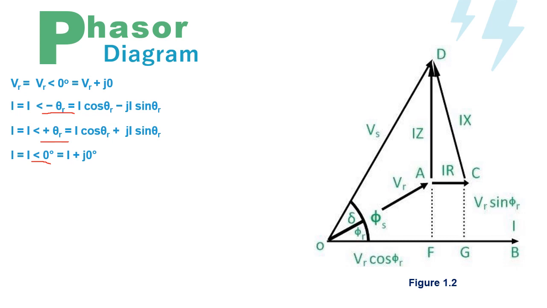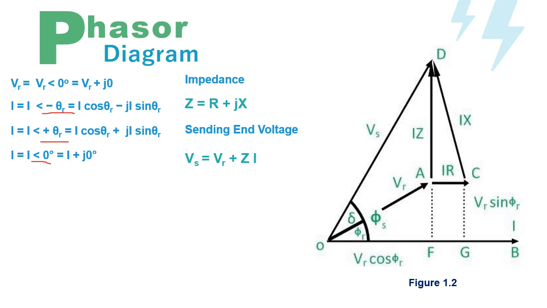As I mentioned earlier, impedance is the summation of resistance and reactance. And the sending end voltage will be the receiving end voltage plus the multiplication of the impedance and the current.